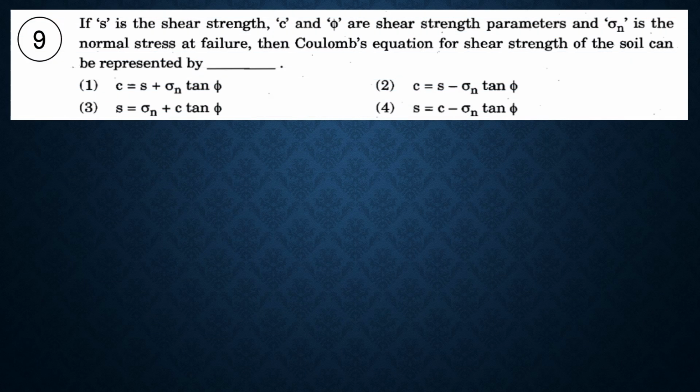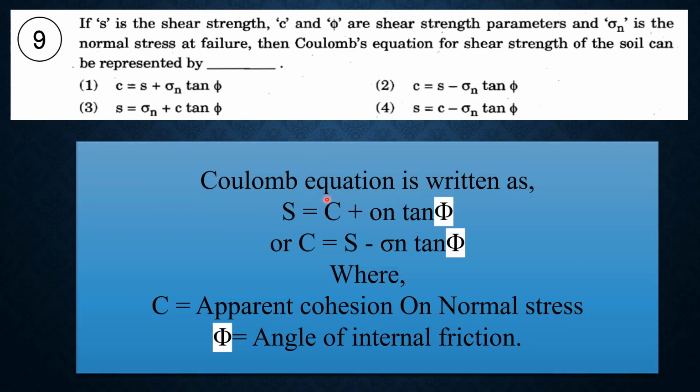Then question number 9: if S is the shear strength, C and phi are the shear strength parameters, and sigma n is the normal stress at failure, then Coulomb's equation for shear strength of soil can be represented by. Coulomb's equation is written as S = C + sigma n tan phi, where S is the shear strength, and C and phi are the shear strength parameters.